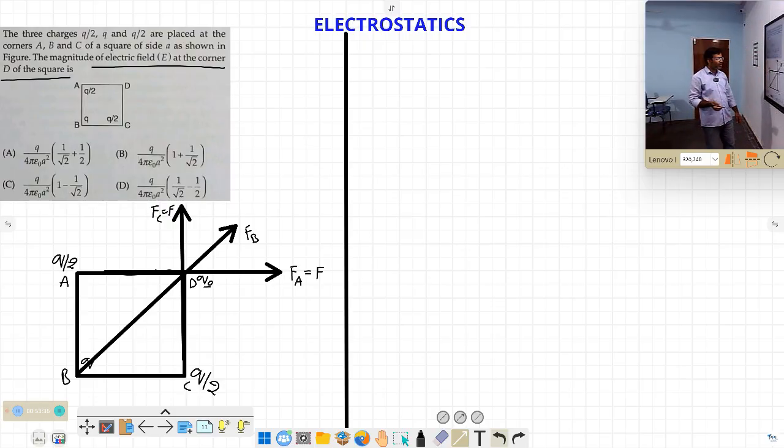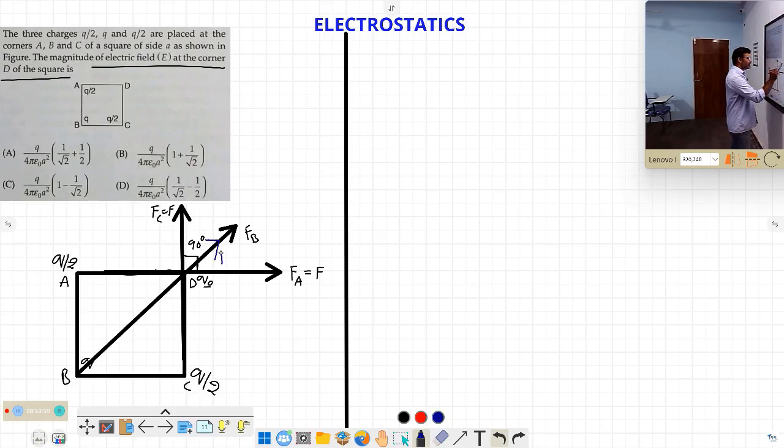So when both are equal, the two forces are perpendicular to each other, with 90 degrees separation. According to the parallelogram law of vector addition, I can find the direction of the resultant. The resultant of these two will be in this direction.